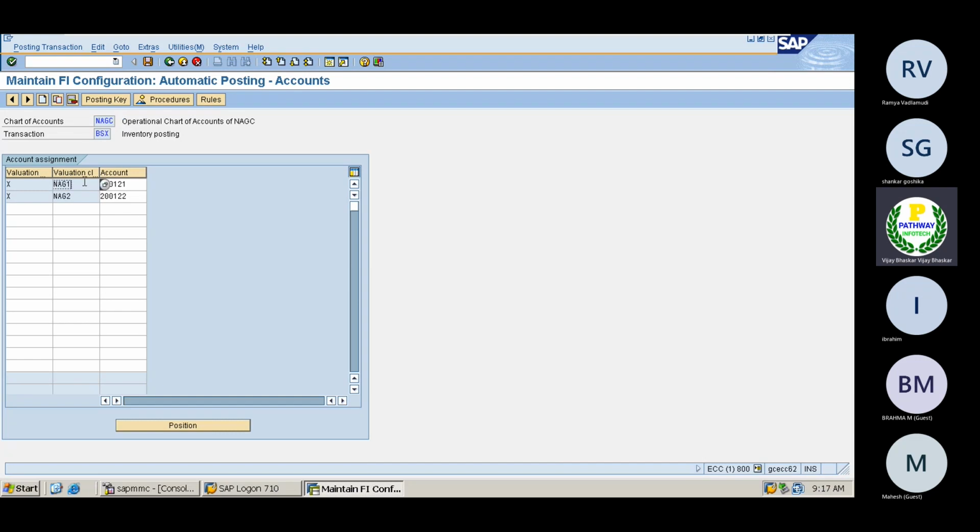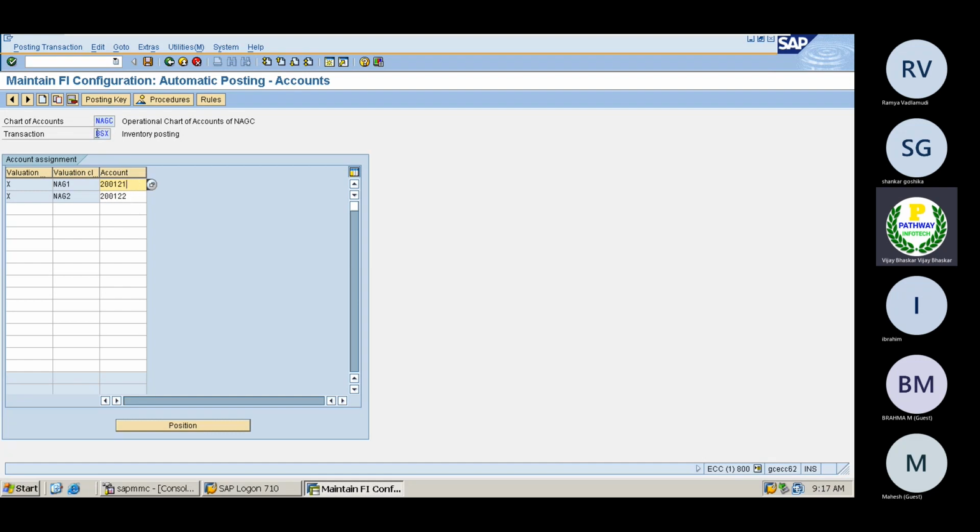Then you can see here we define the valuation class. Now just focus on the GL accounts here.